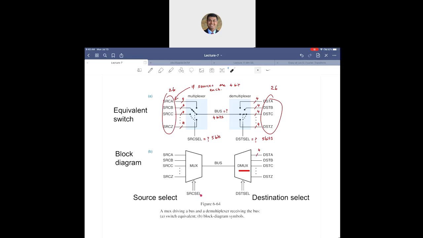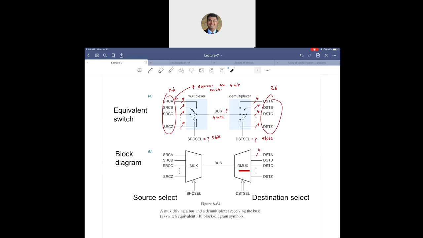Again, you have the source select lines to pick one out of the 26 input sources or data sources, goes through the bus. Same strategies, same analysis as before. And then you have the destination select for the distribution of that bus data to one of the destinations.